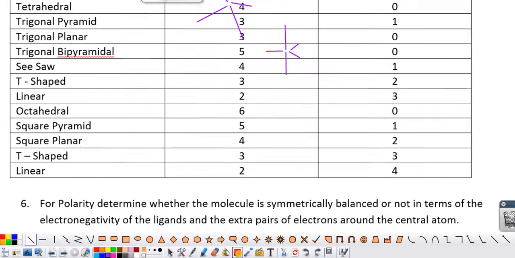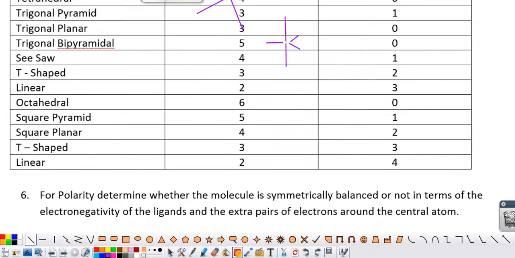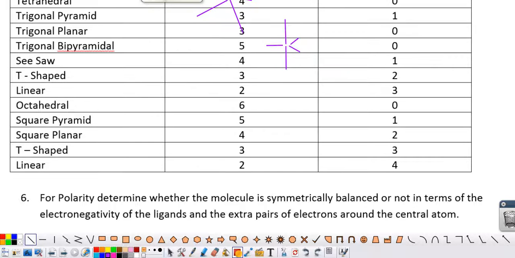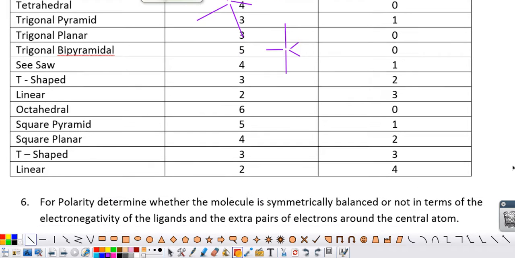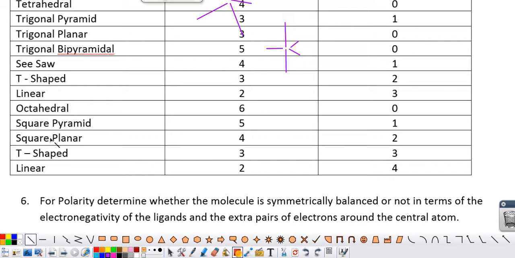And then you have your octahedrals. Definitely want to build these, build them correctly. Look at the shapes. When you've got them built, you can usually figure out if they're polar or not. So let's see, octahedral is 1, 2, 3, 4, back in time, forward in space.